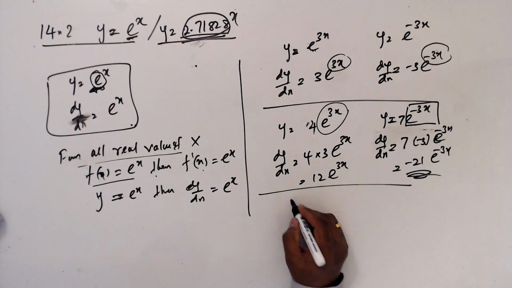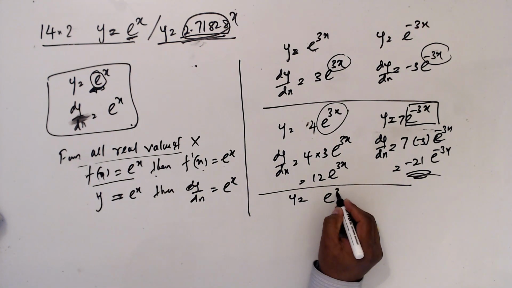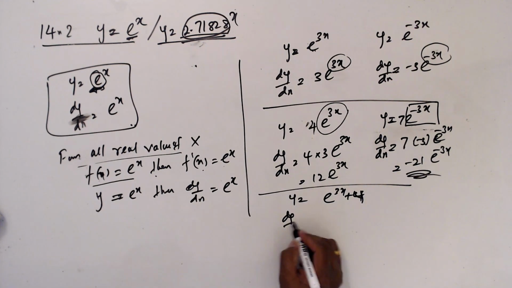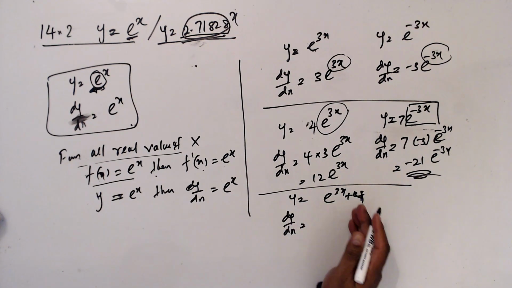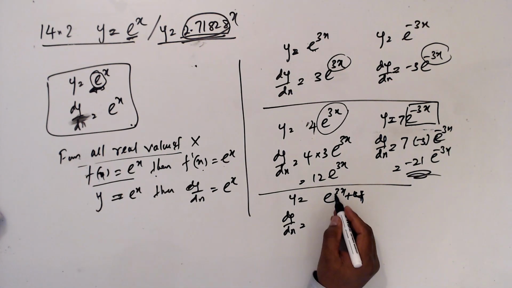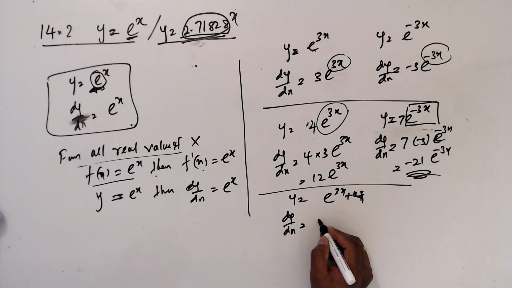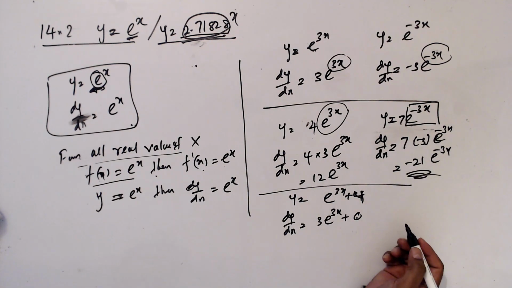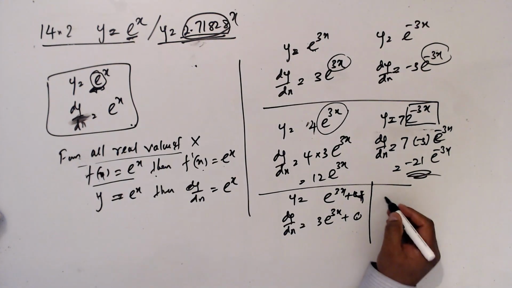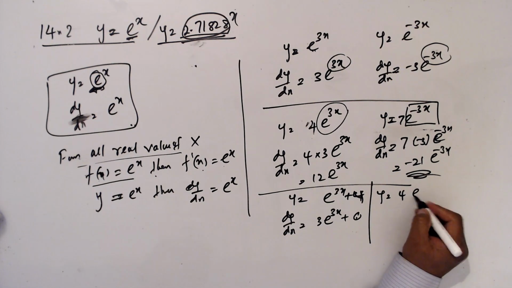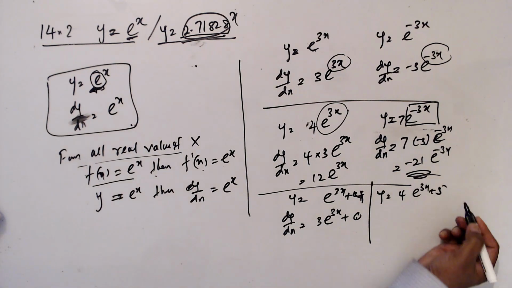Another extension: y equals e^3x plus 4. Then dy by dx equals, address separately. You know that this gives 3e^3x, and the constant 4 becomes 0 when you differentiate. What will happen if y equals 4e^3x plus 5?